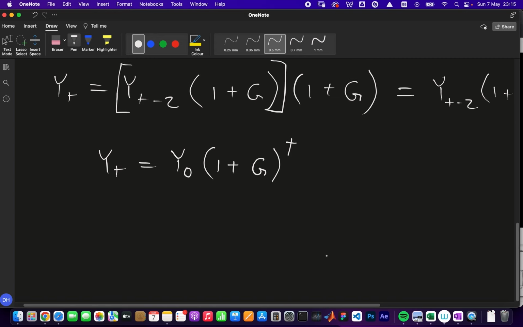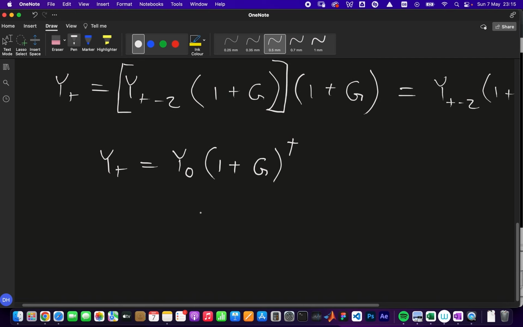Now recall that the question asks us to calculate the growth rate, so we need to solve here for g. So how do we solve for g? Well, we can divide across by y0, so yt on y0 equals 1 plus g to the exponent t. Then we can go one step further by taking both sides to the exponent 1 over t.